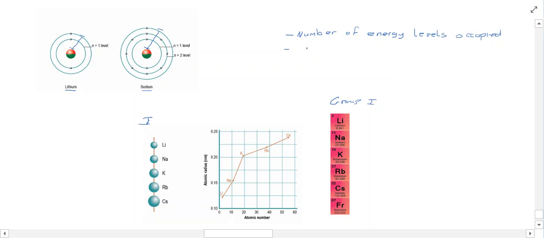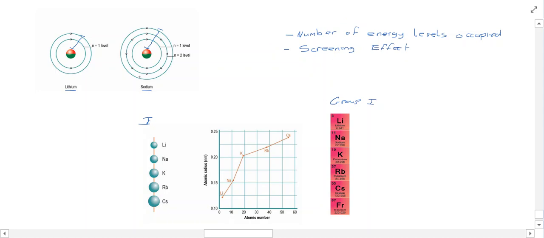And the other one is known as the screening effect.